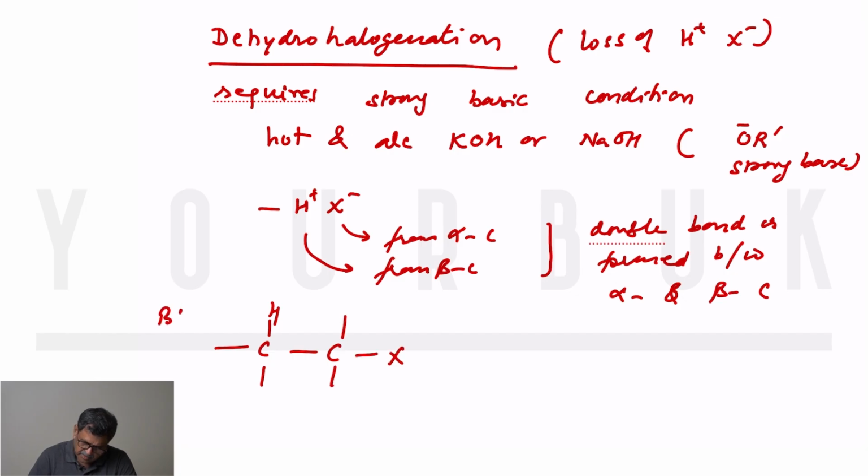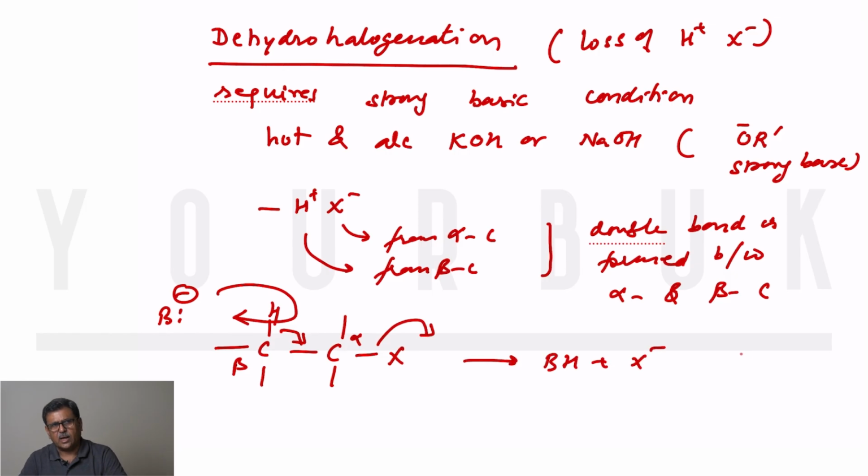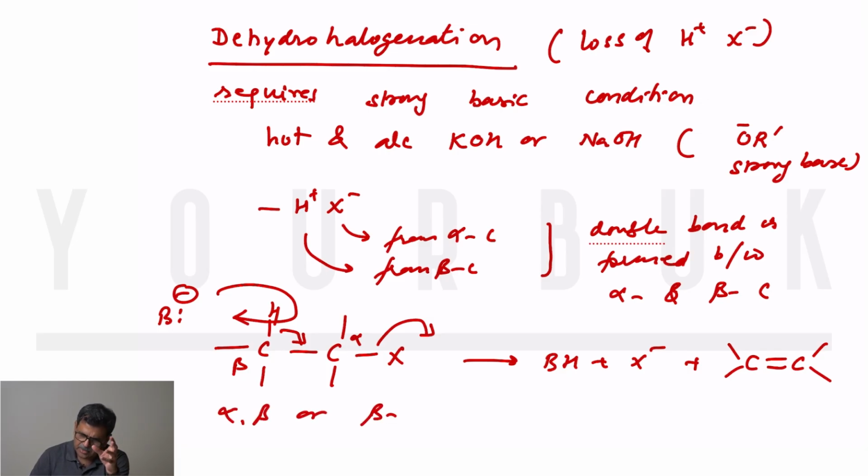This is a strong base we are using. It removes H plus. This electron pair will shift toward this side and forms a double bond between alpha and beta carbon, with loss of this. The entropy is also increasing in this reaction, and that is a driving force that helps in shifting the equilibrium in the forward direction. So it gives me alkene. This is called alpha beta elimination, or simply beta elimination. Nowadays we just use beta elimination.